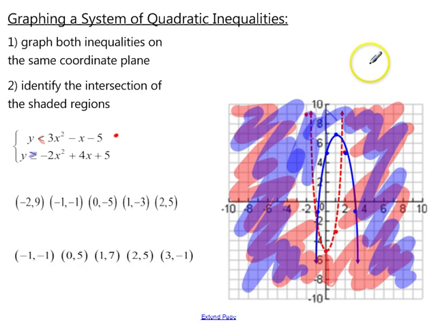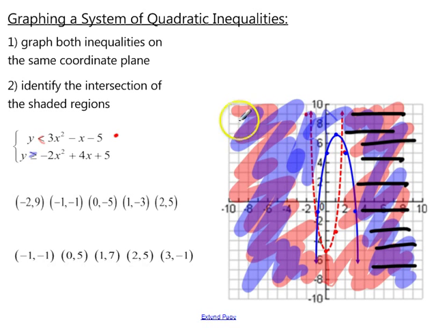Now when you're finding the intersection in step 2, you want to be careful here. We have red and blue on this left side, and red and blue on this right side. But you need to be careful because in this section, this part that's inside of the red, we only have blue. And this portion down here that's inside of the blue parabola, we only have shaded red. So you want to make sure you only shade the overlap, which is going to be over on this right side and then over on this left side.